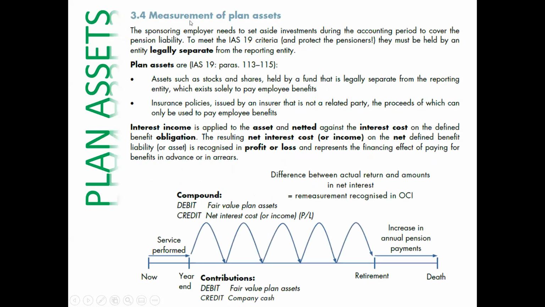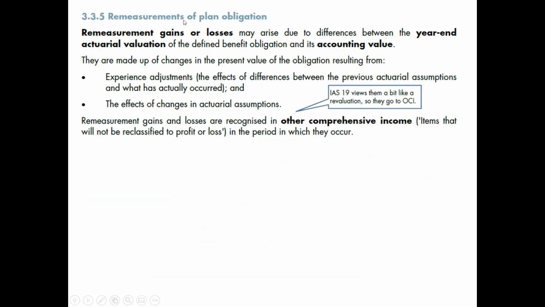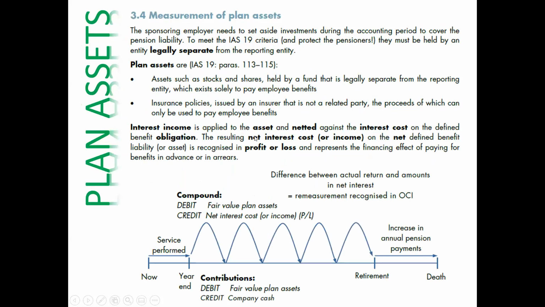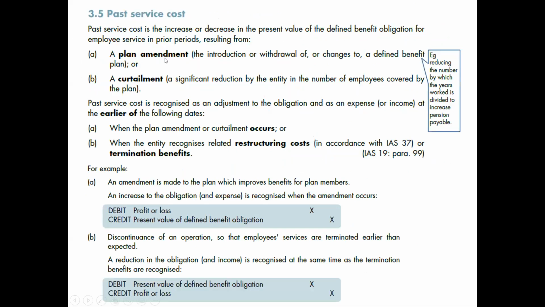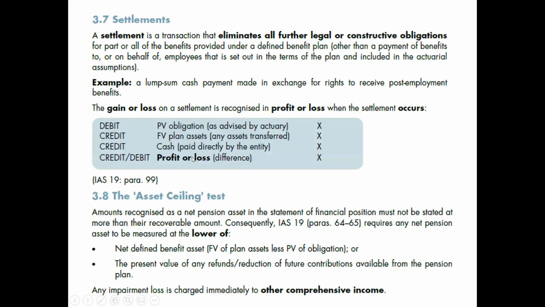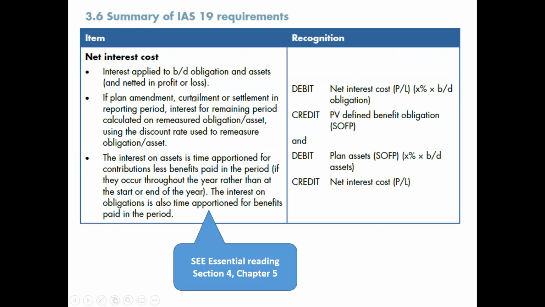My plan obligation needs to be remeasured every year. So the plan will grow, and as the plan grows, there's a plan asset and past service cost that we need to recognize. There's a lot of things that go into this defined benefit plan, and when we pay certain things and settle amounts, we need to recognize that as well.